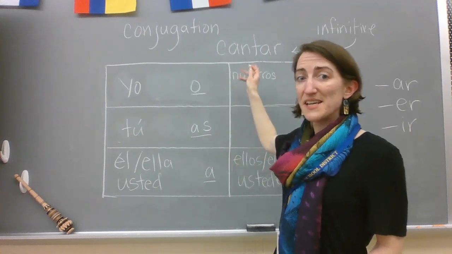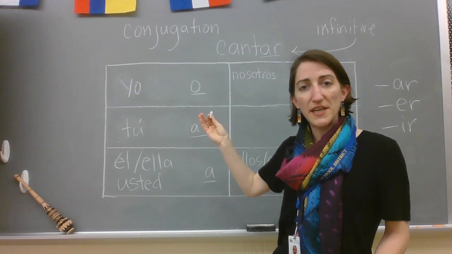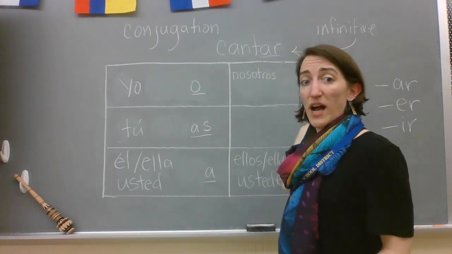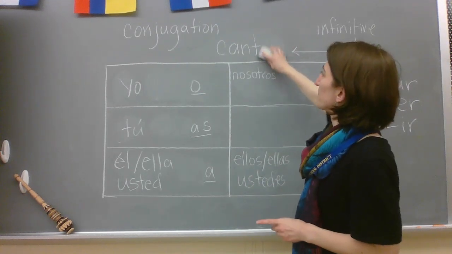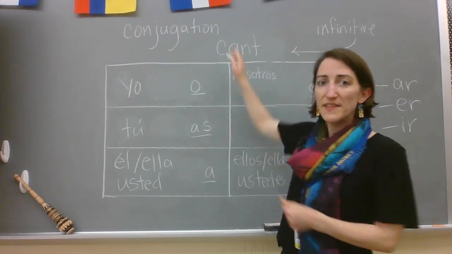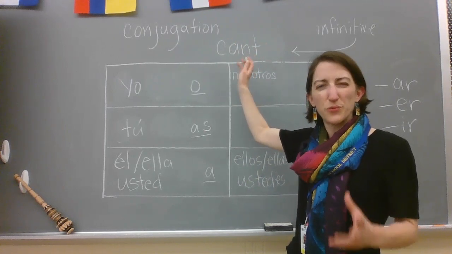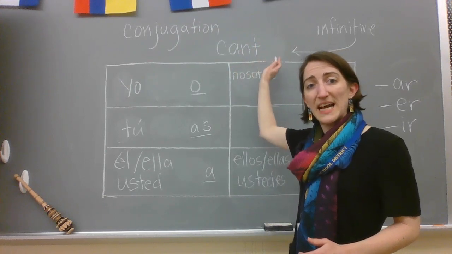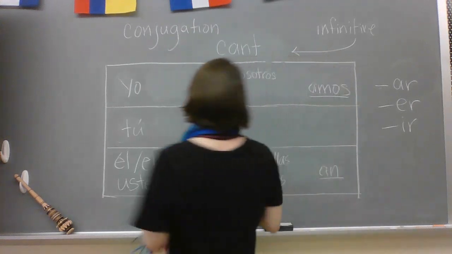So again, cantar is an AR verb, and the first step in conjugating a verb is to take off that AR or ER or IR ending. So we're going to do it this way. All right, so that leaves us with cant. This is called the stem or the root after we've taken off that ending. And this is what we're going to tack these conjugation endings onto.